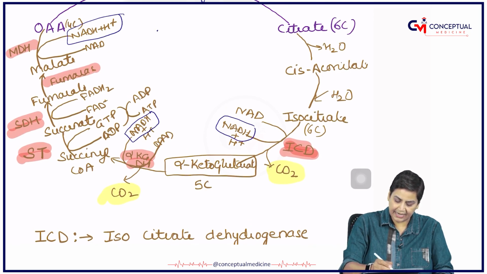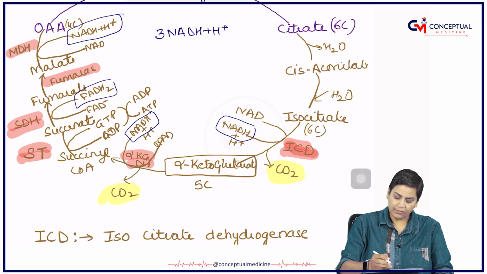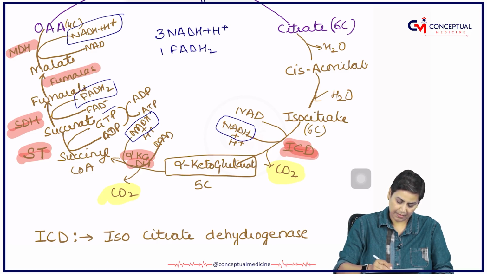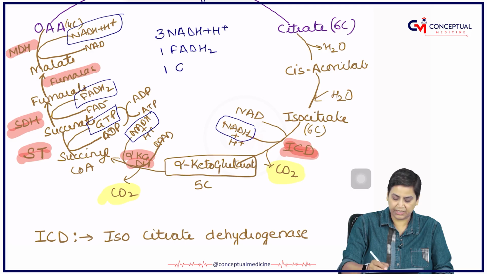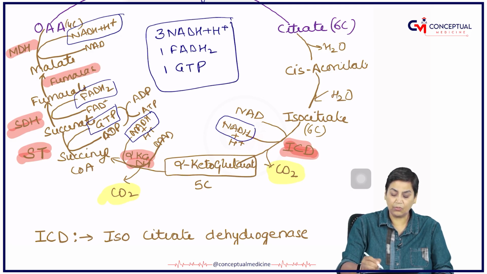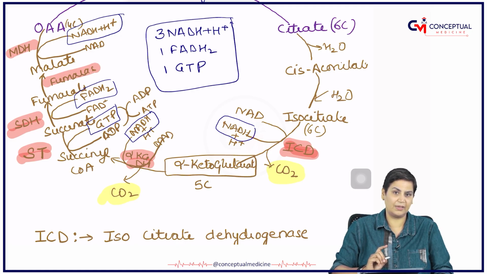So I can say that it is giving 3 NADH plus H positive, 1 FADH₂, and 1 GTP. So this becomes the energetics from one molecule of acetyl coenzyme A.